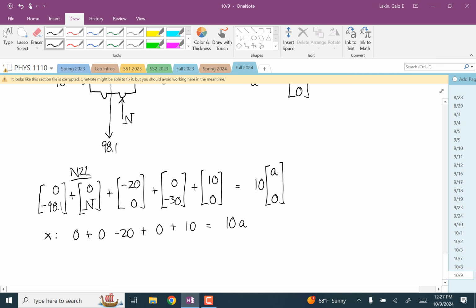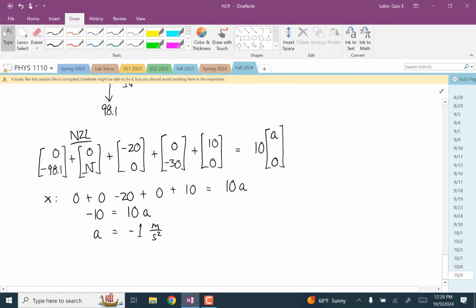Or in other words, if you add this all up, that says negative 10 is equal to 10a. And so if you solve for a, you get negative 1 meter per second squared. Any questions about that?